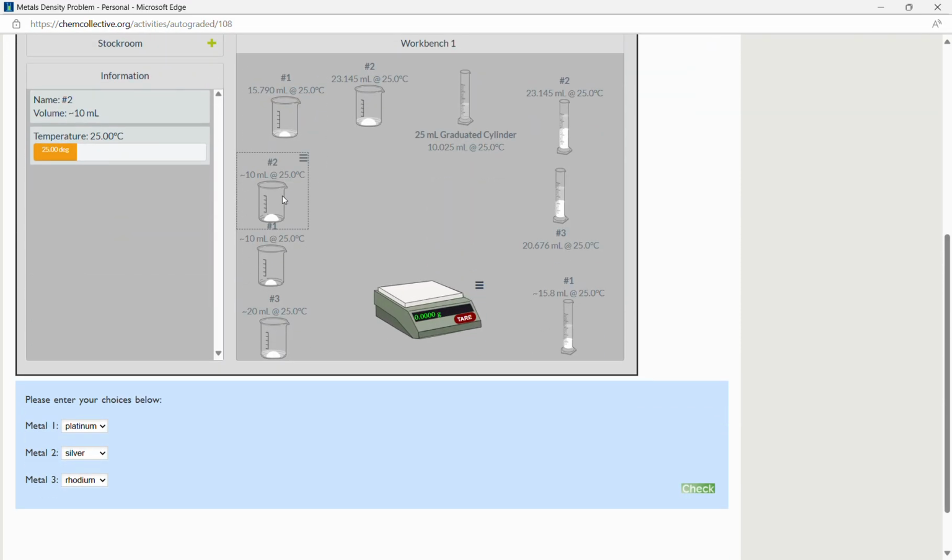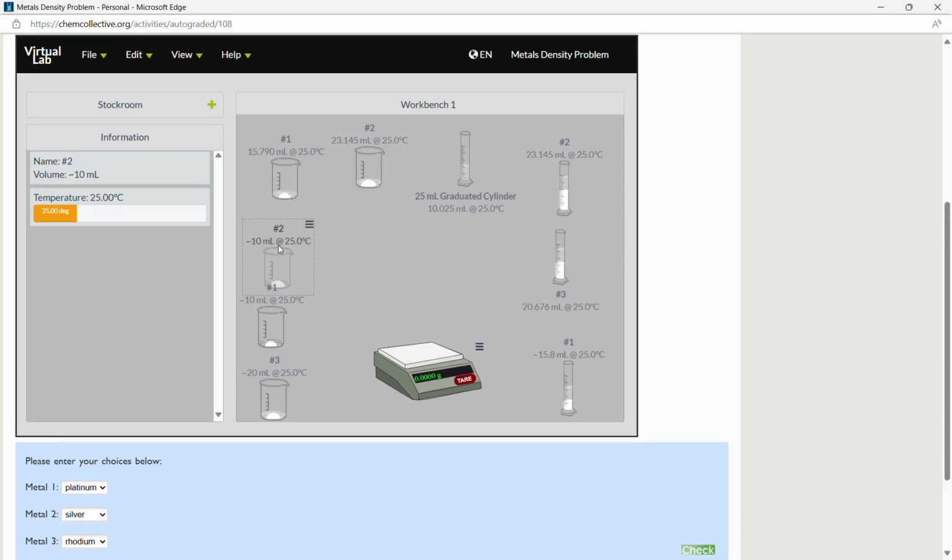And for 2, the volume was 23.145 milliliters, and then for the mass measurement, once I divided that, it gave me an answer.